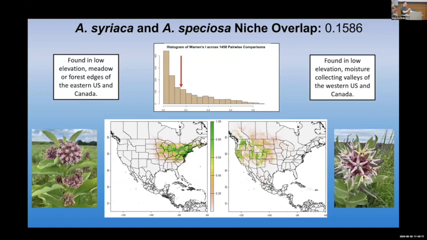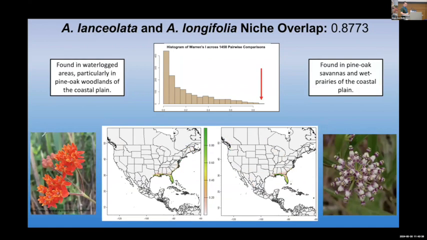And this histogram in the middle summarizes all of the niche overlap comparisons across all of these groups, which comes out to roughly 1,500 pairwise comparisons. We see that this sits to the right of the major bars in that histogram, but relatively where the rest of them are.